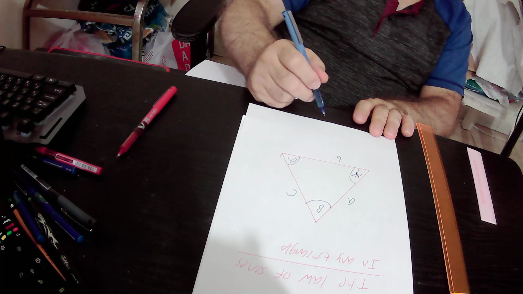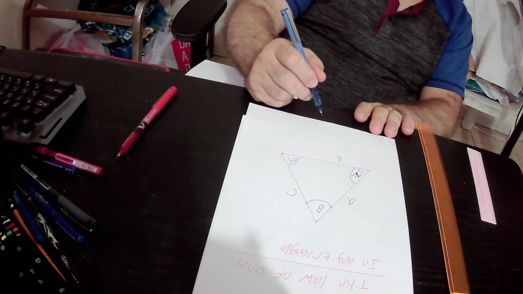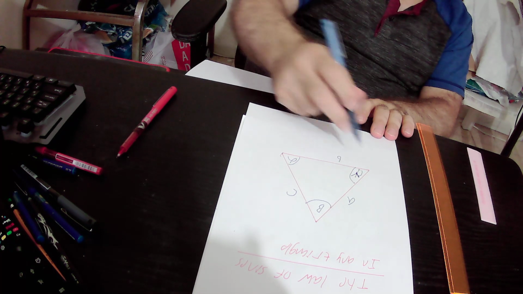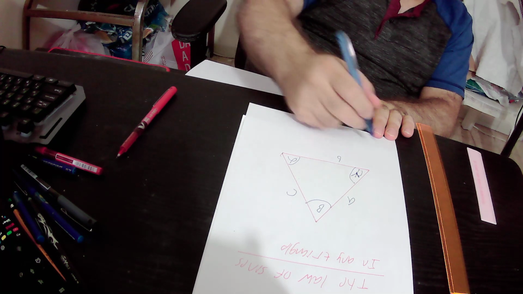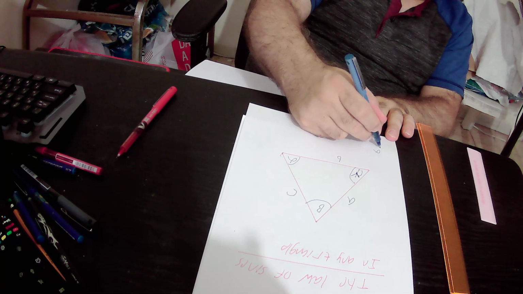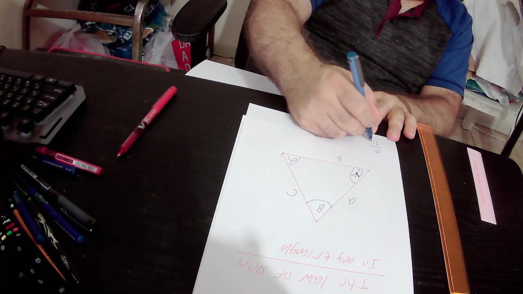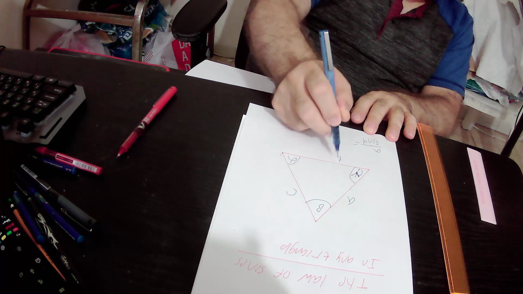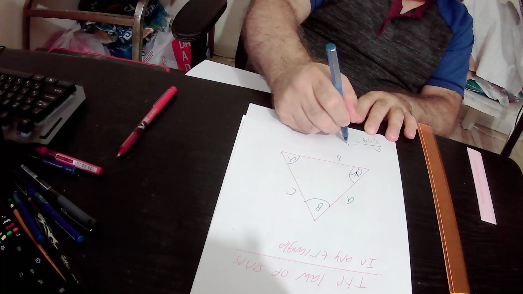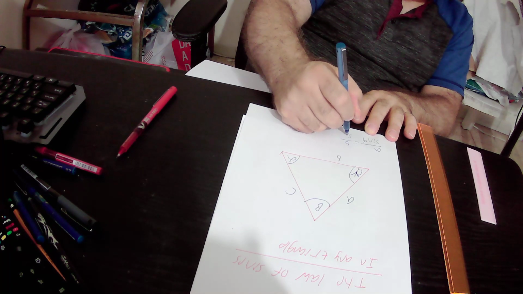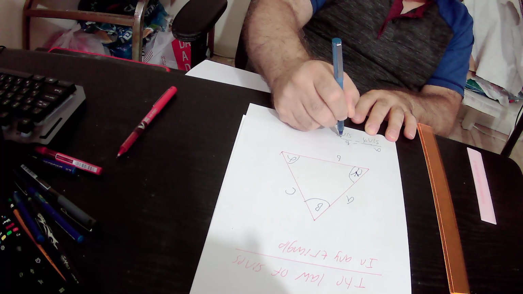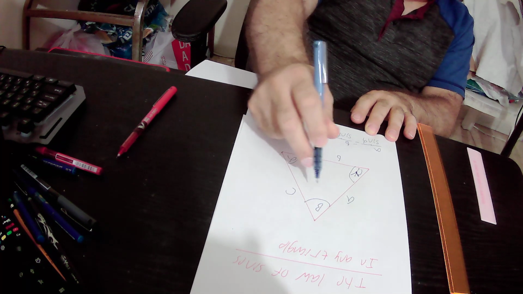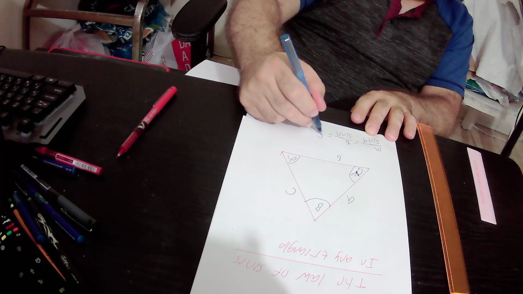Then, according to the law of sines, A over sinus alpha equals B over sinus beta equals C over sinus gamma.